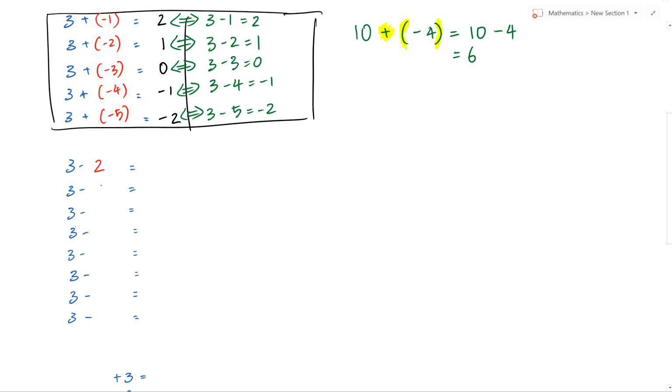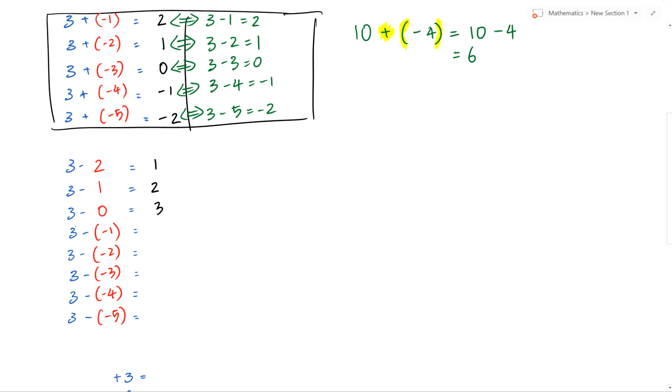According to the sequence, I will still be reducing by 1: 2, 1, 0, negative 1, negative 2, negative 3, negative 4, negative 5. Now let's work out the answers. So 3 minus 2, simple, that is 1. 3 minus 1, 2. 3 minus 0, 3.